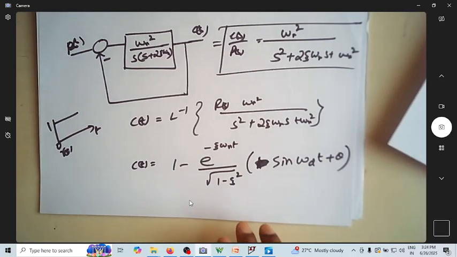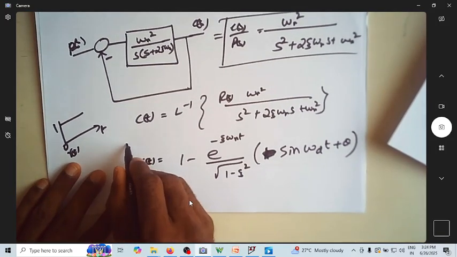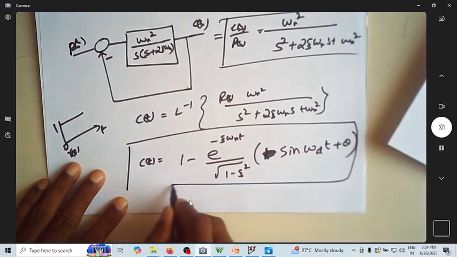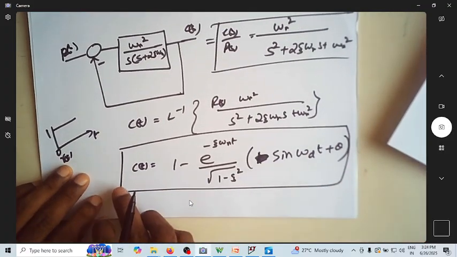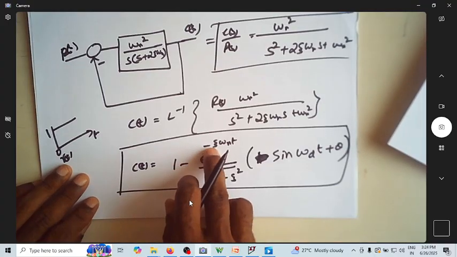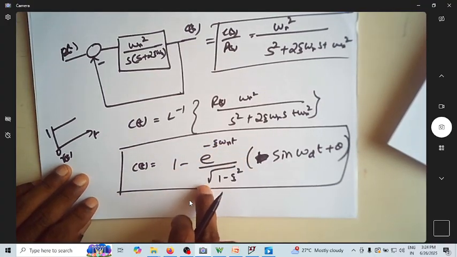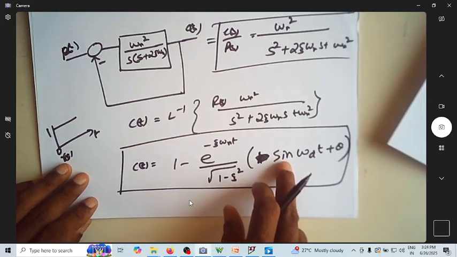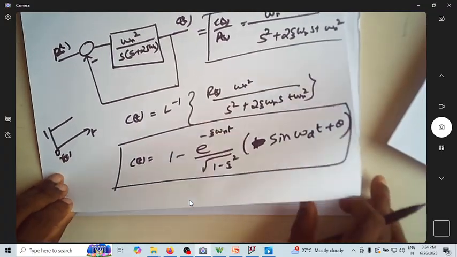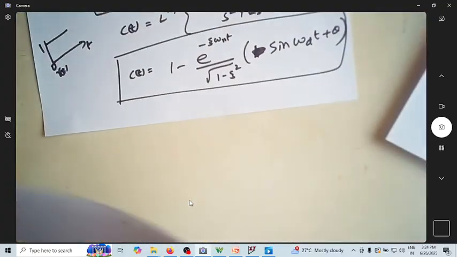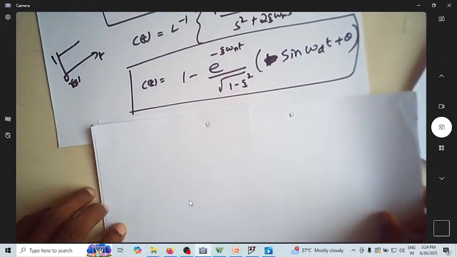Okay. So now this is the expression: 1 minus e power minus zeta omega n t under root of 1 minus zeta square, sine omega d t plus theta. Let us try to understand what each term corresponds to and what is the significance of that.